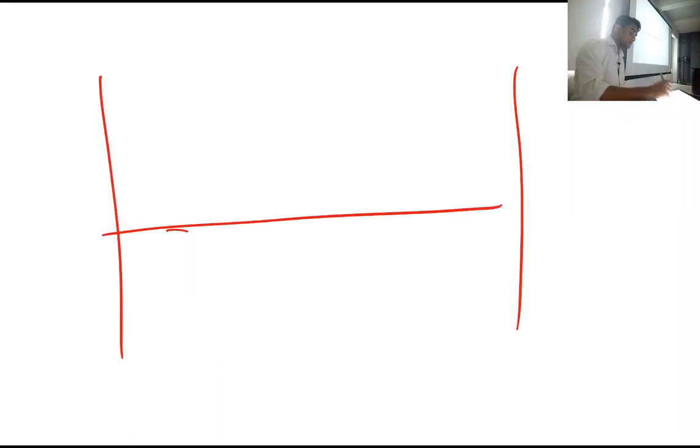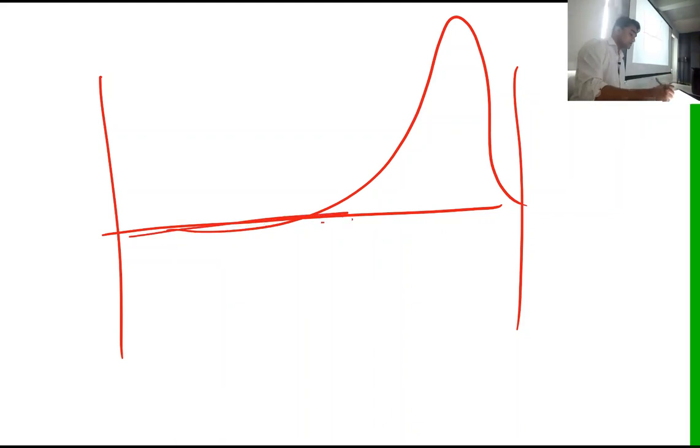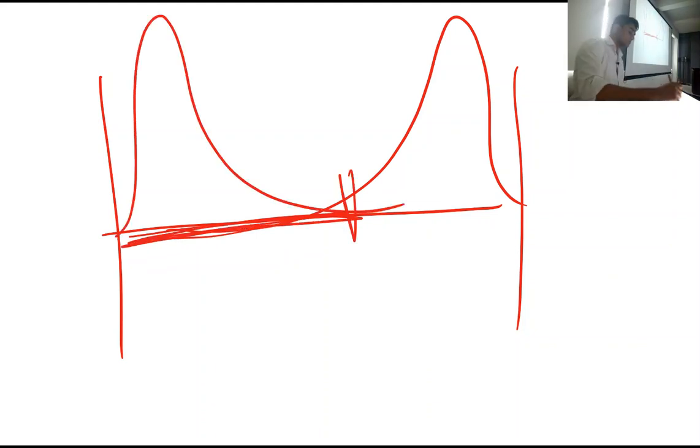This is the data you have, and all of this is 0. And when you are deploying the model, how does your data look? This. Again, all this data is 0.